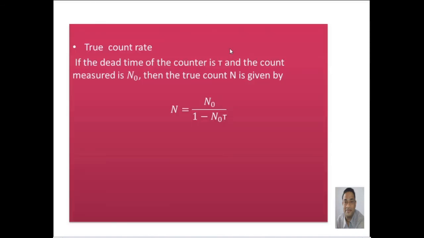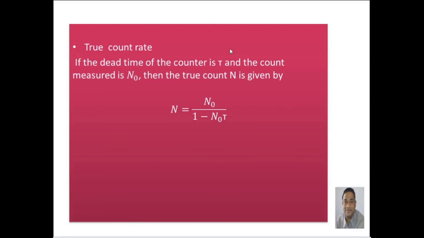Now, the number of charged particles that are entering the GM counter may not be counted very accurately. Some false counts can also be present in the counting by the counter.